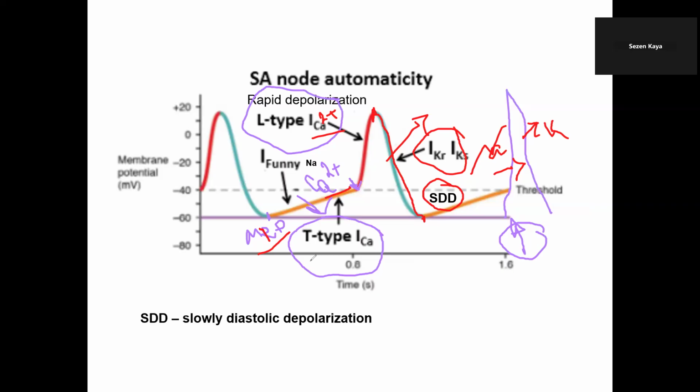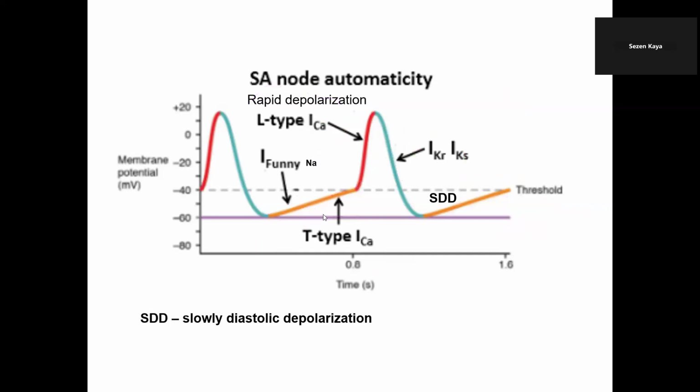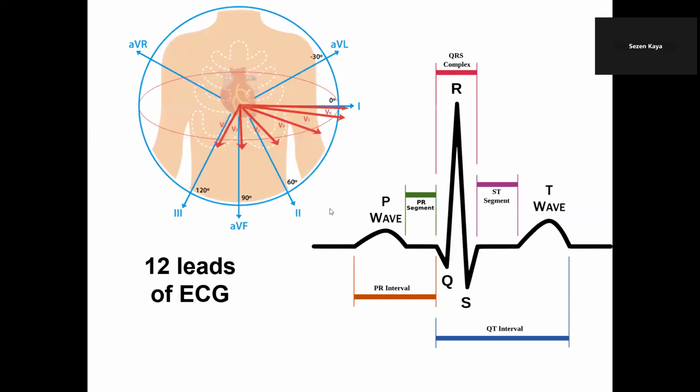If we have more calcium, we will have tachycardia, an increase in heart beating. If we don't have enough calcium, we will have a decrease in heart beating. But that's about regulation, and we will talk about it a little bit later.